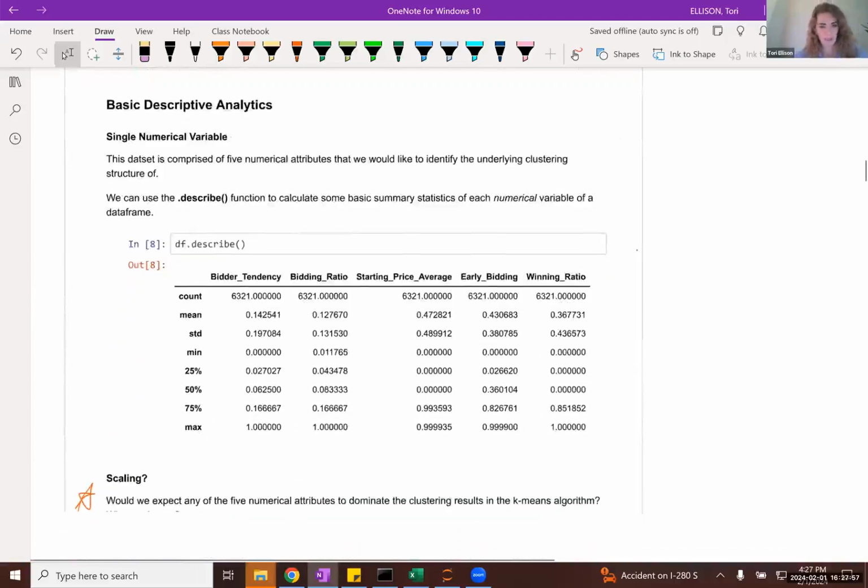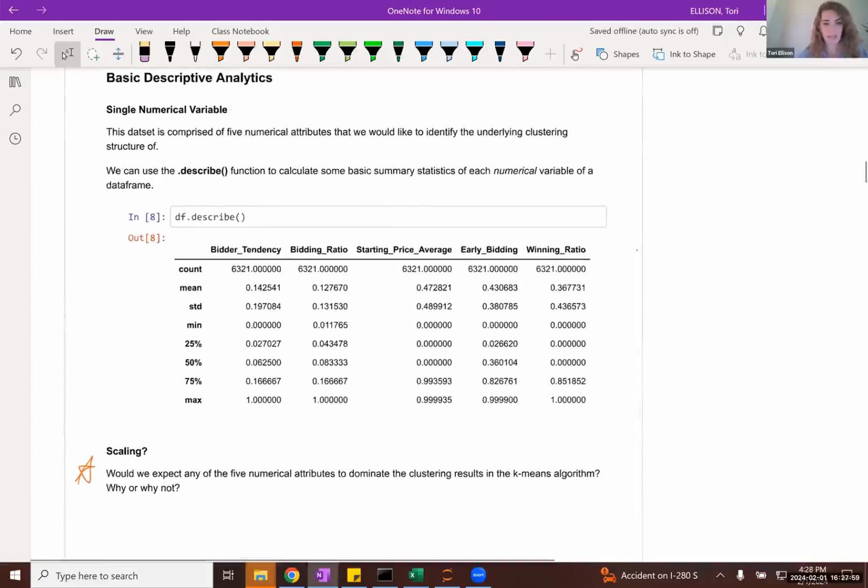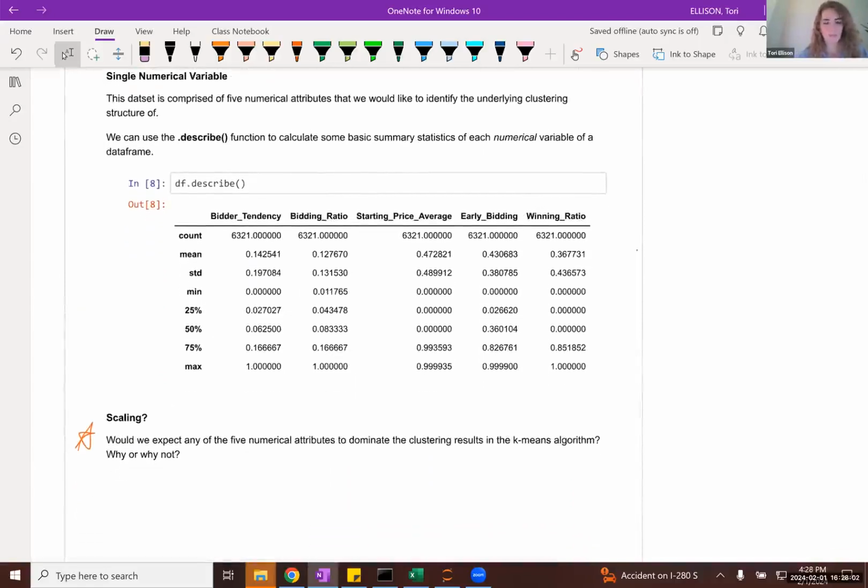So what I'd like to do first, I think we'll skip over this here, but it's always a good idea to quickly describe the summary statistics that you can calculate for each of your numerical variables in your data set before performing cluster analysis, because this can give us a sense as to whether we need to perform some additional pre-processing of our data in order to get the kind of clustering results that we're looking for.